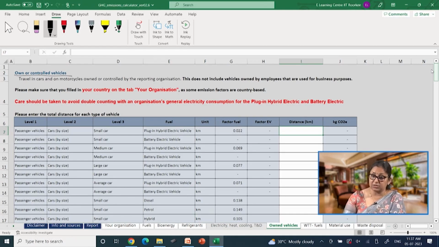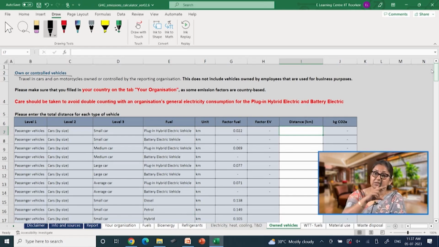We may change the distances also. For example, in the baseline year, we had more cars which were given to employees, and in the reporting year, the change in the project activity was that there was a company bus, an electric EV bus, which is now bringing the employees to the office collectively.